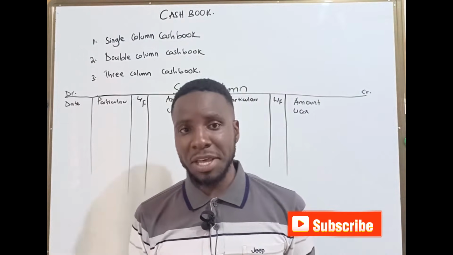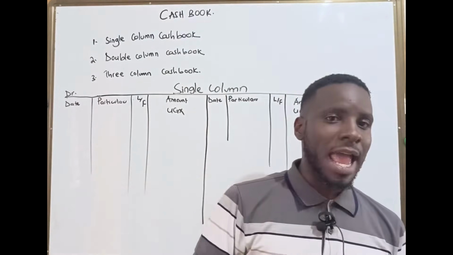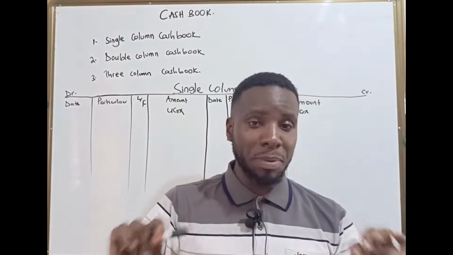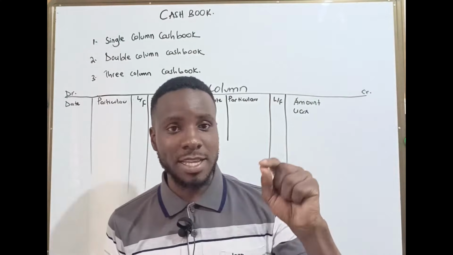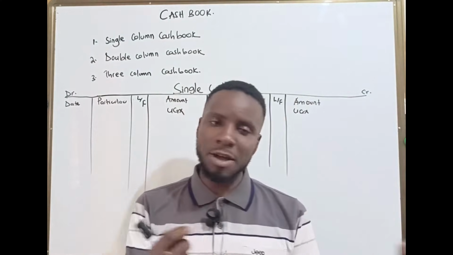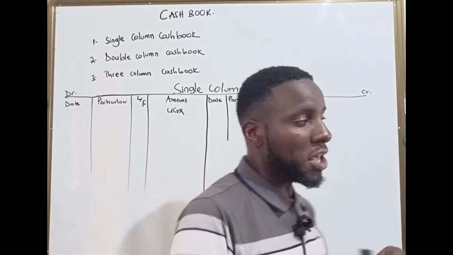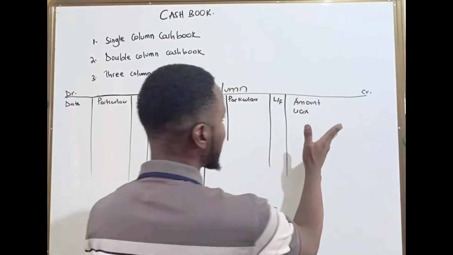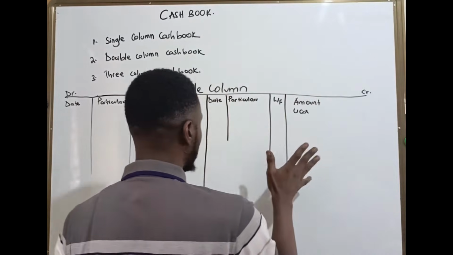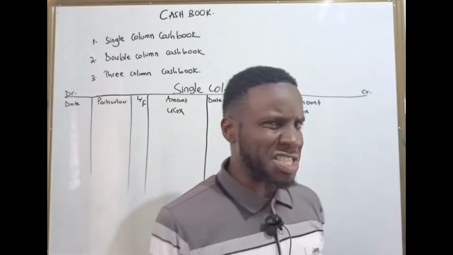I can purchase goods and pay by check. That means I've paid, and though it is by check, my bank account will be affected by a given amount of money. So whether it's cash or bank, it's all recorded under the same column called amount. So that's about a single column.